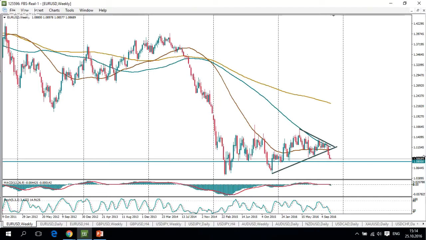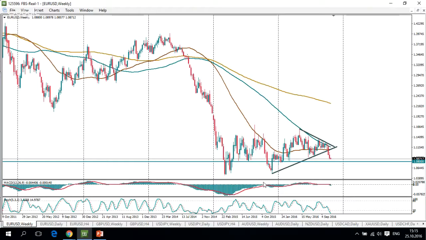As usual, we watch the weekly chart because it's always good to look at the weekly chart when you start your weekly analysis. On the weekly charts, usually you can see the picture more clearly, and distinguish some important moves which will have longer term consequences.